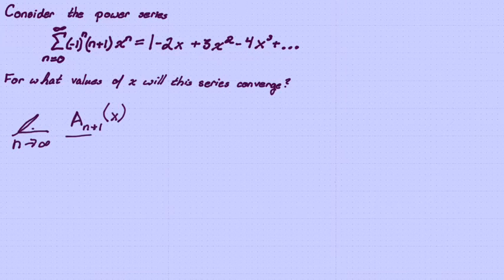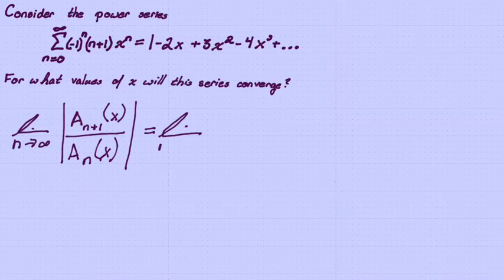You don't actually need to write the functions of x, but I'm highlighting the fact that this is a little bit different because it's going to depend on x. x is allowed to be any value you want, but we are going to be taking the limit as n goes to infinity for each fixed x. So we get to pick what x is, but then it's staying put. All right?